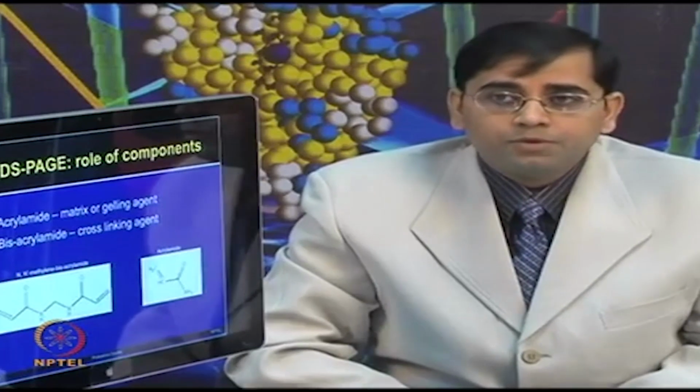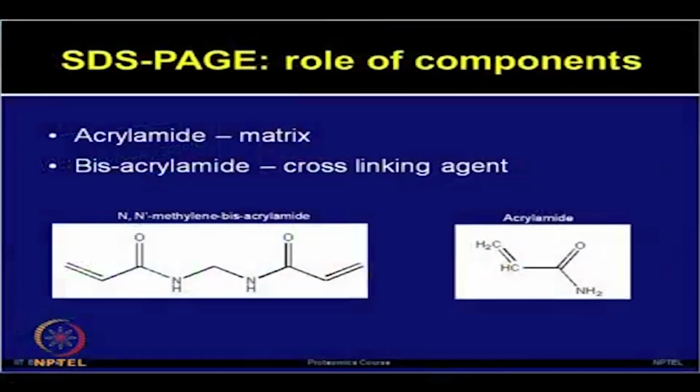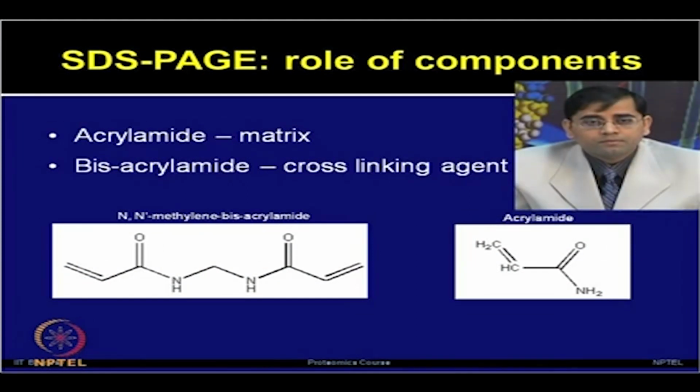So, let me describe to you the role of the components which are being used in SDS page. Acrylamide provides the matrix or gelling for making the gels. Now, bisacrylamide is a cross linking agent. By adding both acrylamide and bisacrylamide in a fixed ratio, one can make this gel by adding the gelling agent and the cross linking agent.